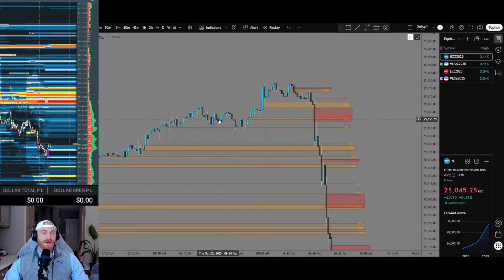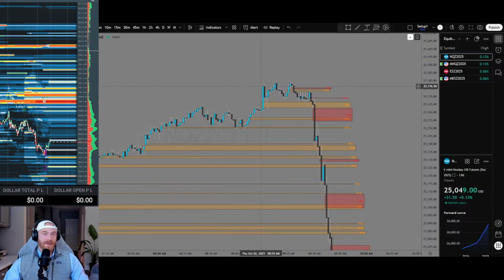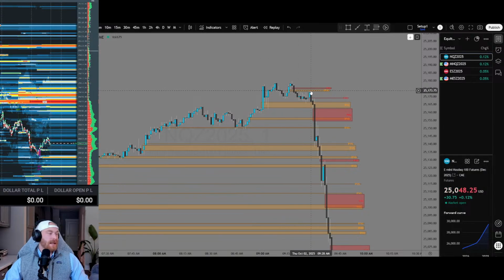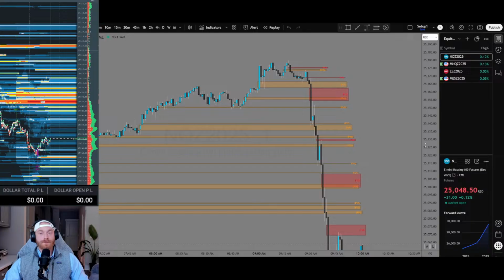So you could say this was the accumulation, manipulation, and then the distribution would have been straight down, but this is more consolidation or accumulation. I don't know. I don't see it.